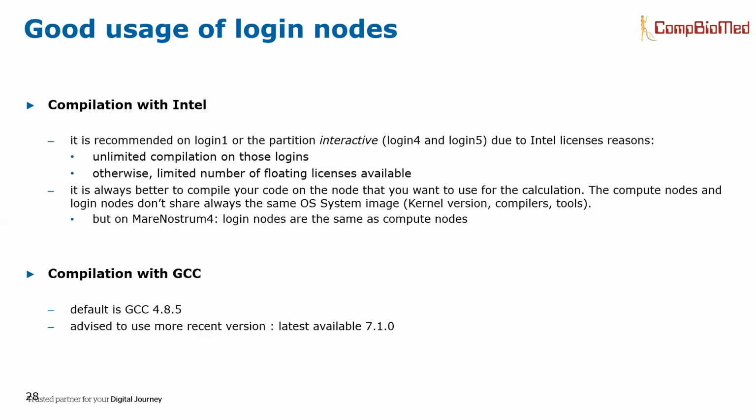The default version is 4.8, but you have access to other versions which are installed, and you will see how you can access them later on. So the compilation allows you to transform your human readable program that you have written yourself into a machine understandable program.